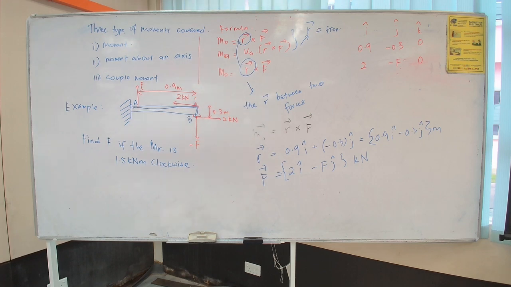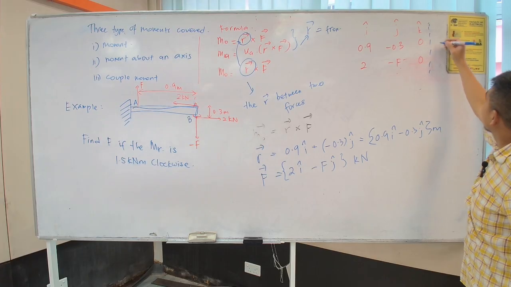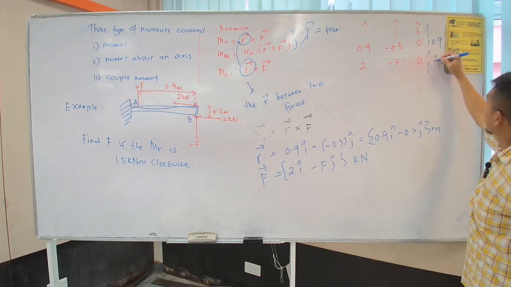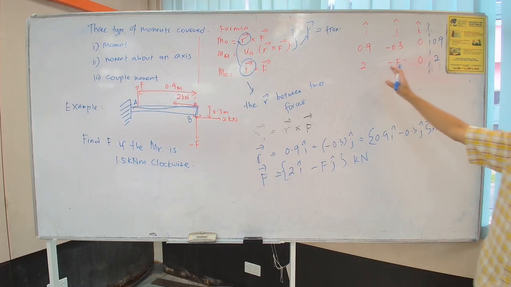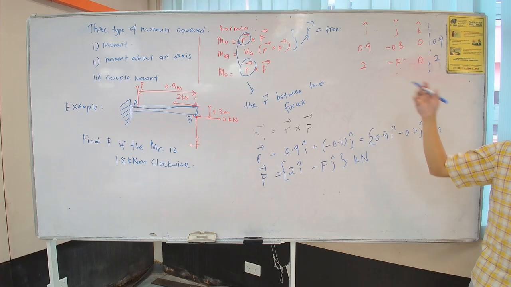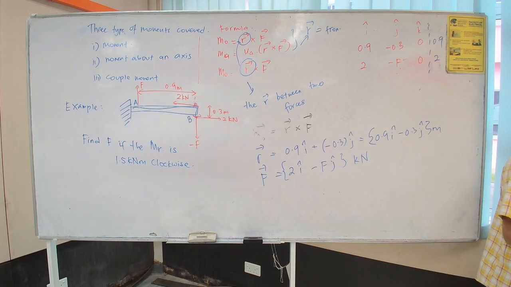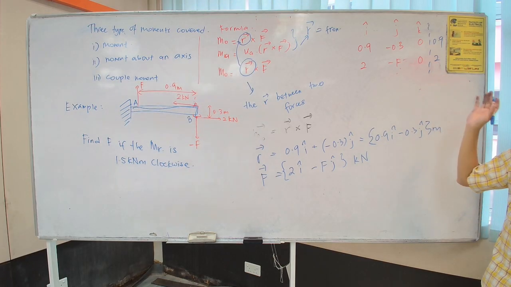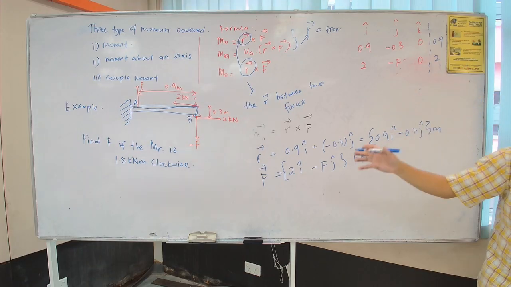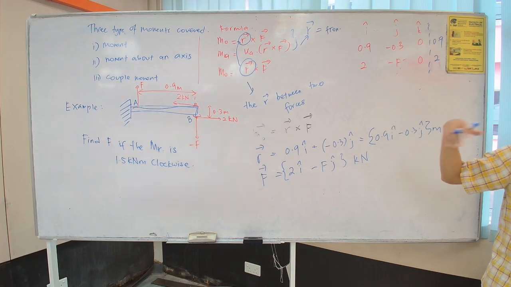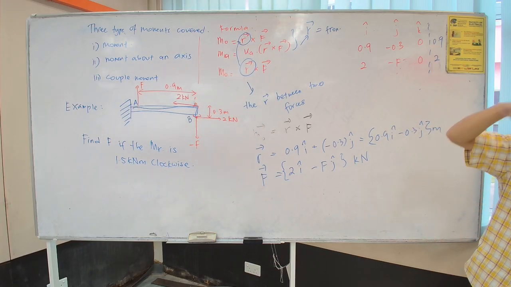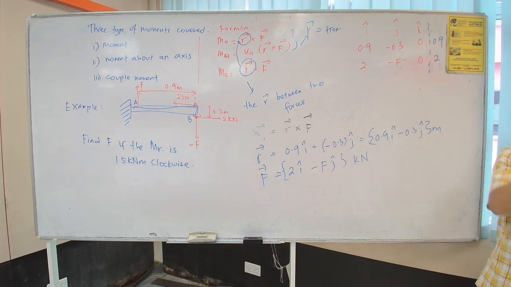And then we just settle one by one, because this is not about an axis, so we need to settle everything. If it were about an axis, we would choose one column only, but this is not, so we need to calculate the moment for the whole system.